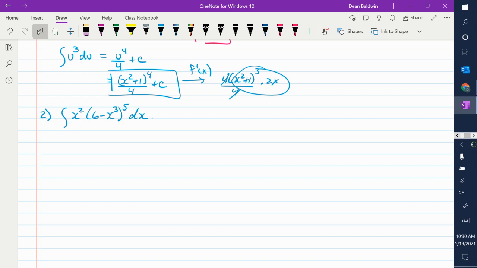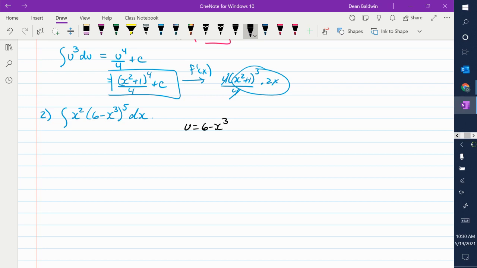All right, what's u going to be? Yeah, what's in the bracket? So u is 6 minus x cubed.